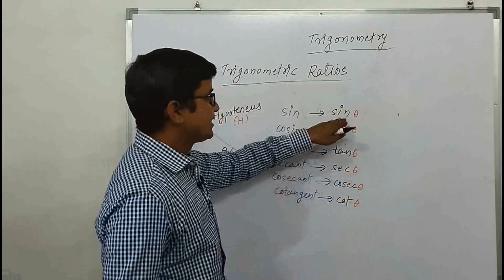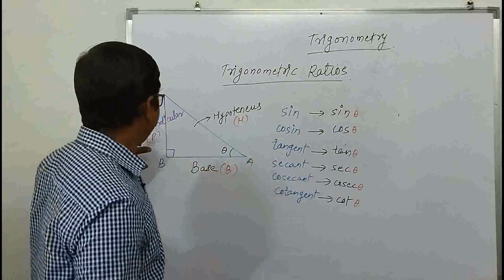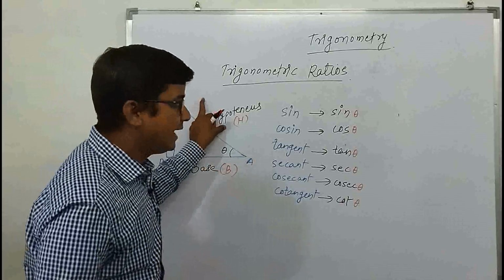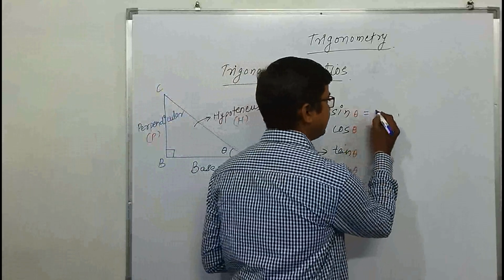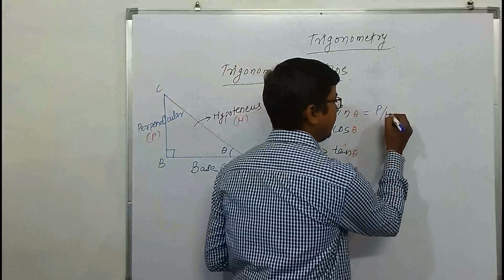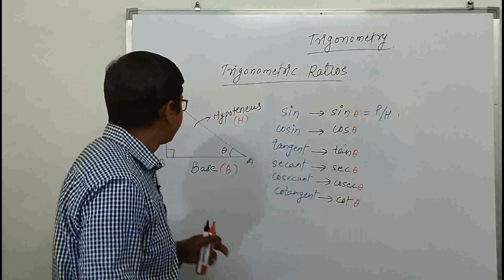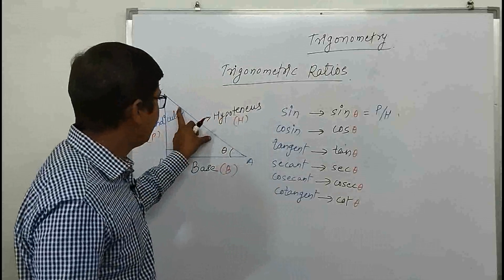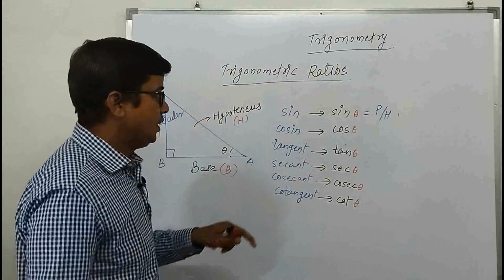And sin theta is the ratio of perpendicular to the hypotenuse, that is P by H. Perpendicular here is CB and hypotenuse is AC.